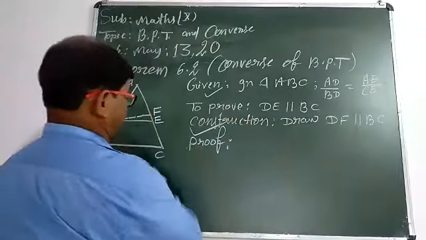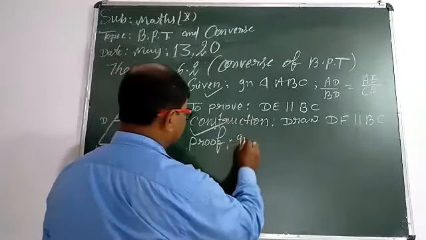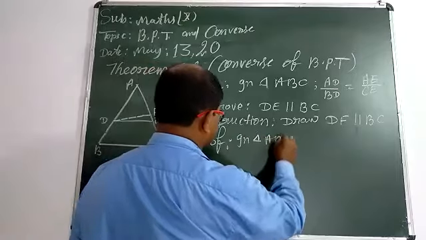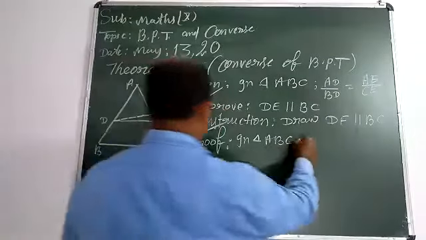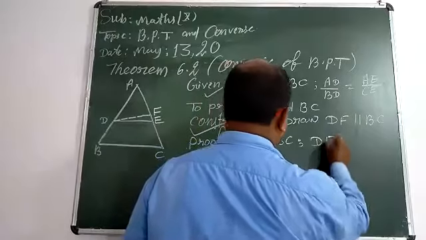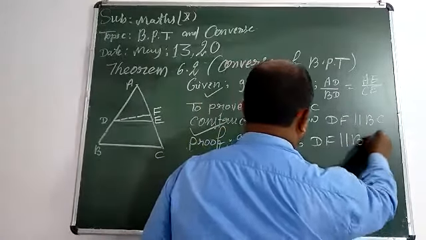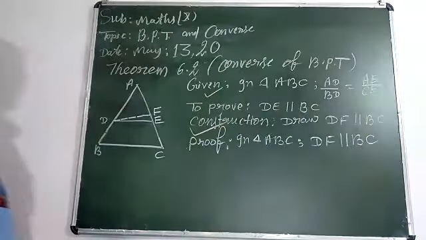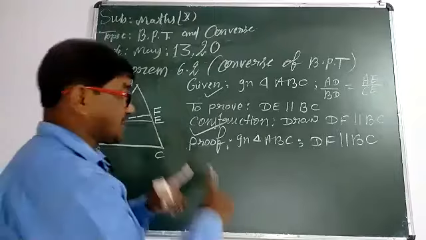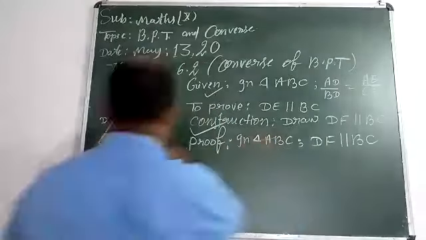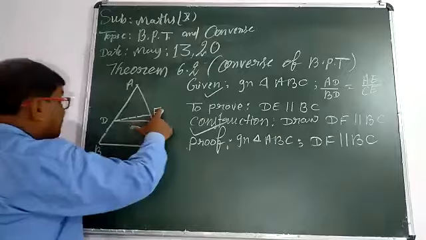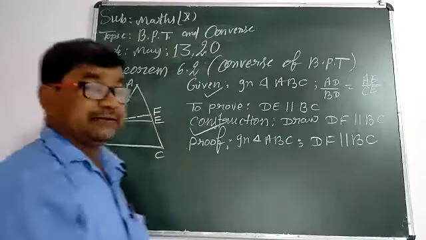Come to the proof. In triangle ABC, DF is parallel to BC. Am I right? Okay. DF parallel to BC. Check here.